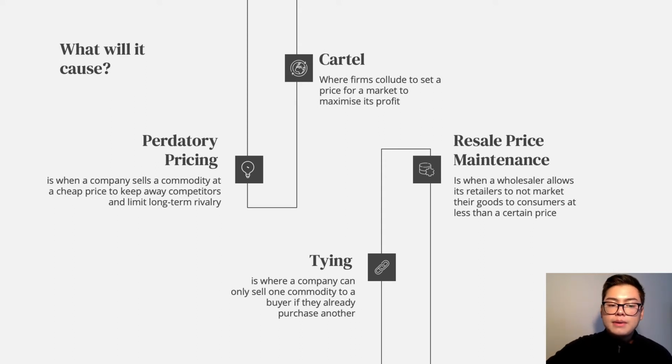The second thing is predatory pricing, where a company sells to customers at low prices in order to drive away the competition. This is really common in the airline industry and also in retail, like grocery. The firms also will do resale price maintenance, which is when wholesalers do not allow their retailers to sell lower than a certain price that the wholesaler set.